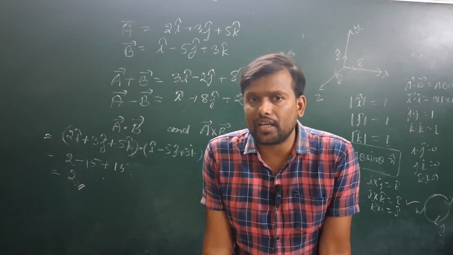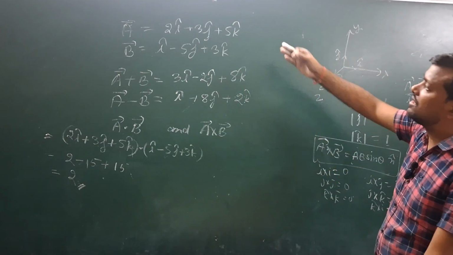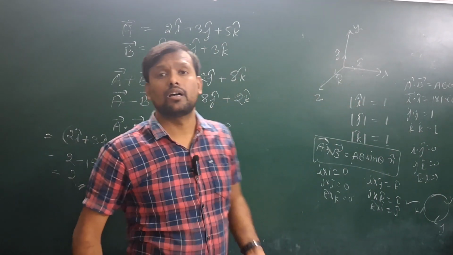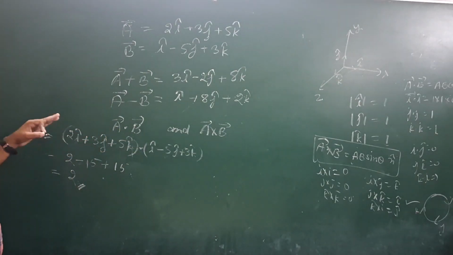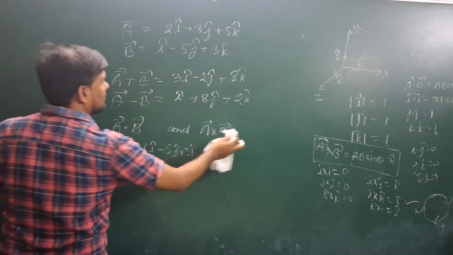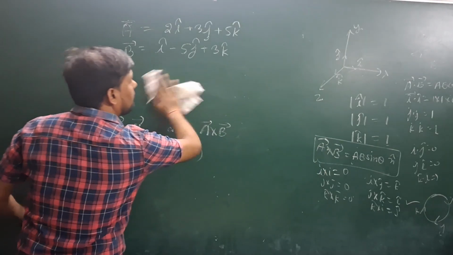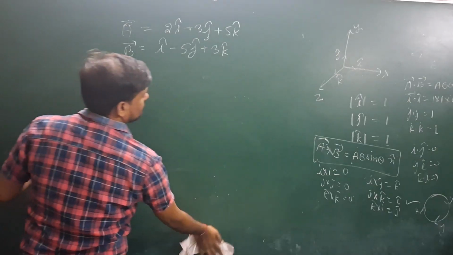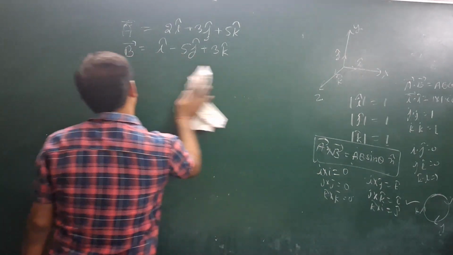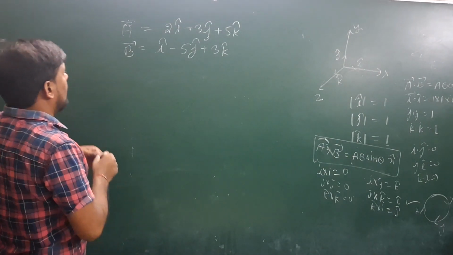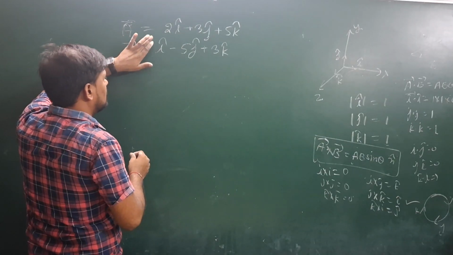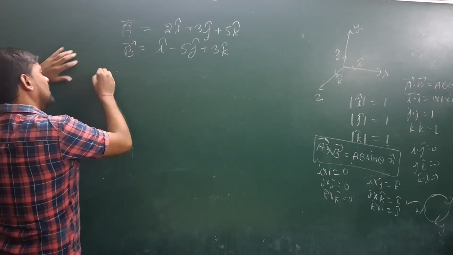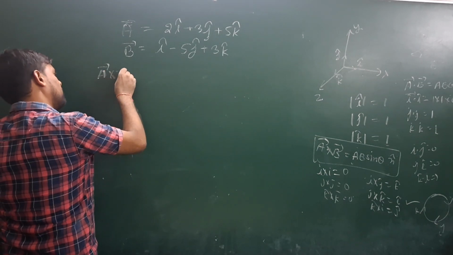If you want to find the vector product of these quantities, we have the matrix method to multiply such vectors. I want to just take the vector product of these vectors, A vector cross B vector.